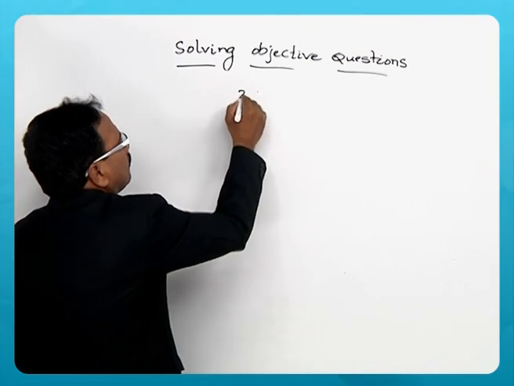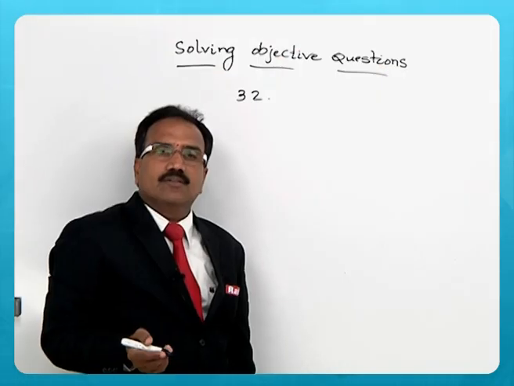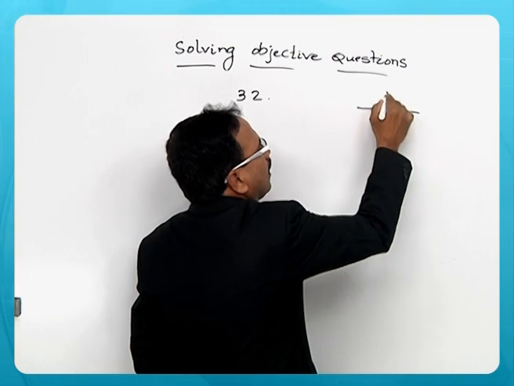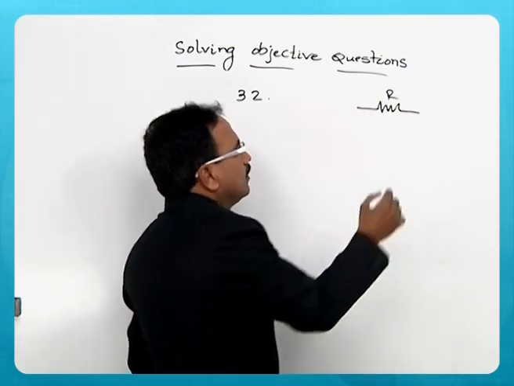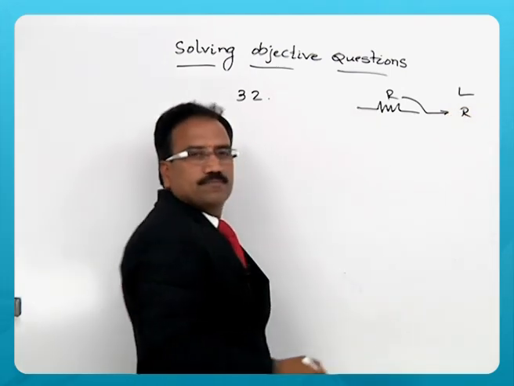Now, question number 32. The Laplace impedance for inductor L is, options are L by S, Ls, 1 by Ls, Ls square. As I indicated in the previous class, if there is a resistance R, then for Laplace this resistance appears as a resistance only.